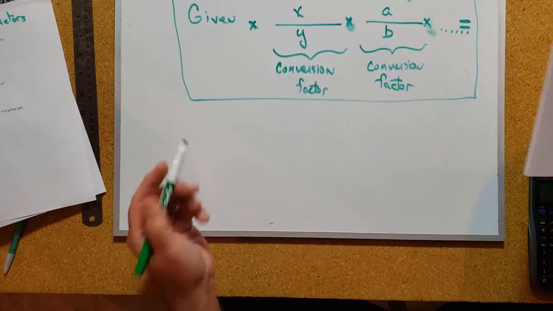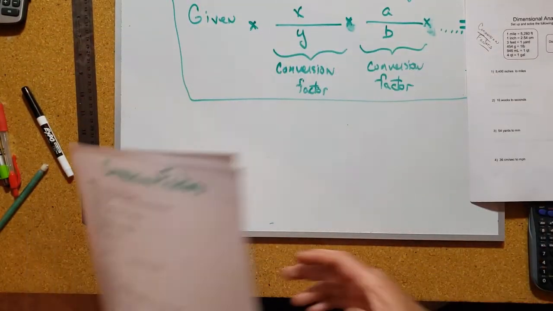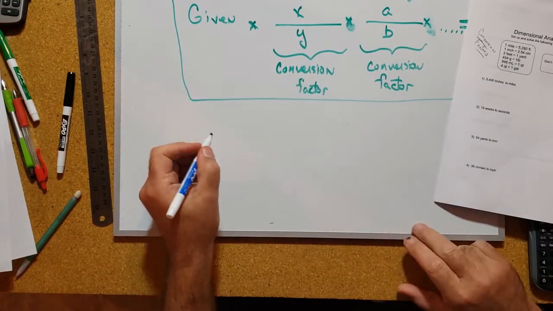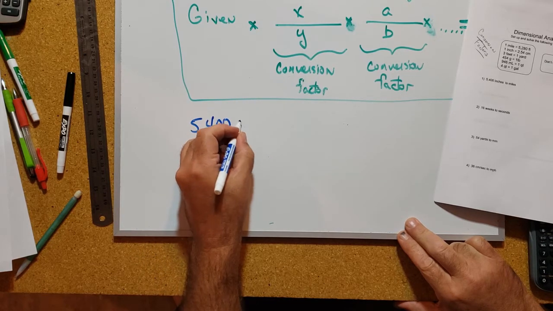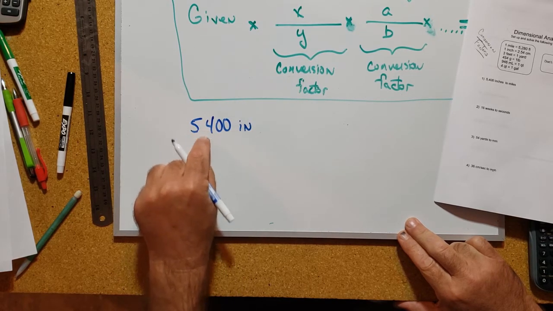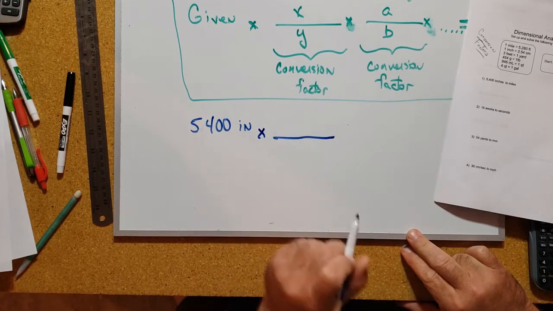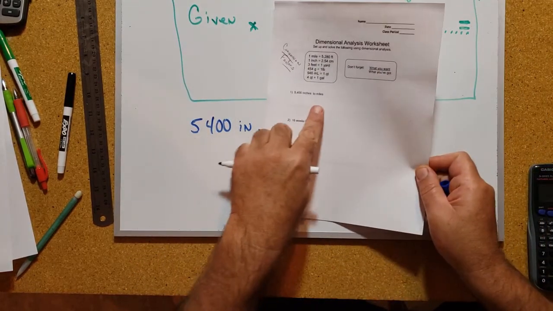All right, so in our first problem, the given is 5,400 inches. I'll get rid of that comma. We now want to multiply it by a conversion factor that's going to help us get to miles.